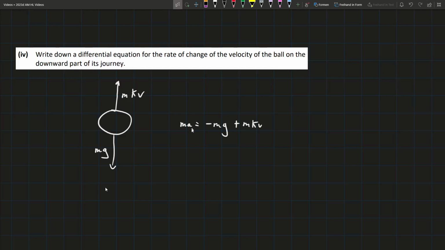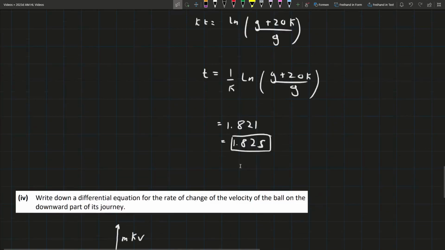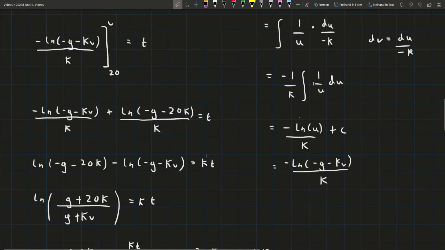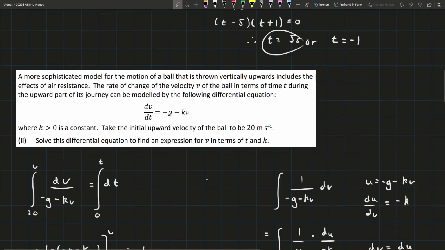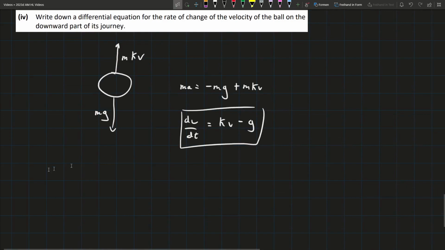Divide everything by m, and a is just dv on dt, equals kv minus g. And that is a differential equation representing the velocity while it's going down. So you can see the air resistance has turned positive because the air resistance will be acting up, whereas here the air resistance was acting down since the ball was moving upwards. So yeah, dv on dt is kv minus g.